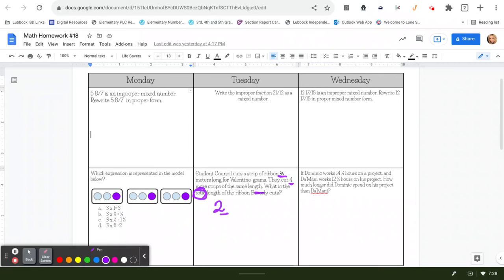It's 2/5 meters of a piece of ribbon. And listen, there are 5 strips. They cut a strip here plus 4 more. So I'm doing 5 groups of 2/5.